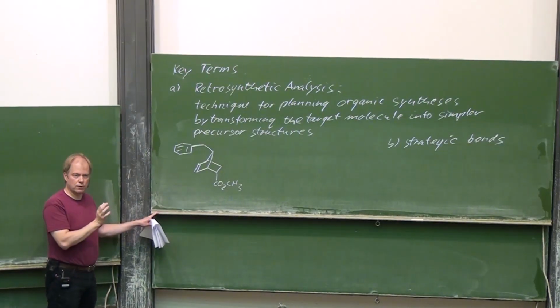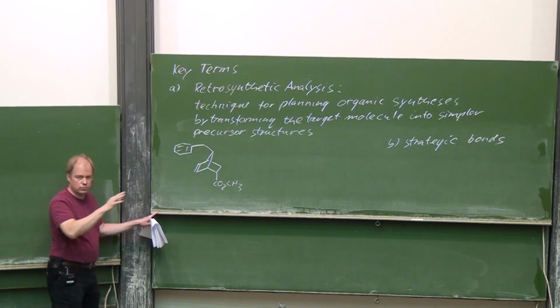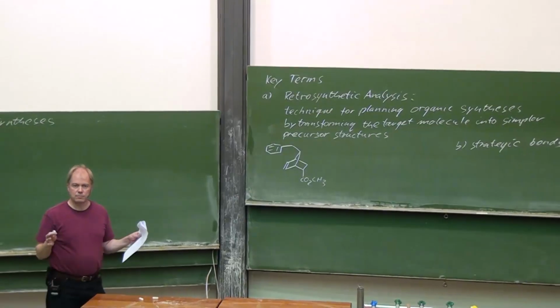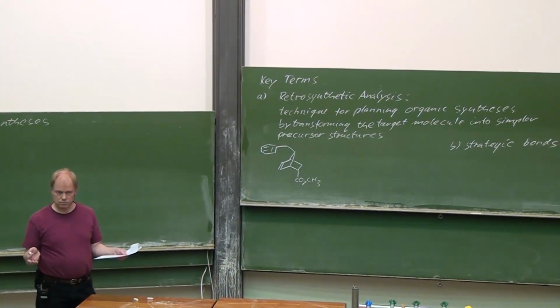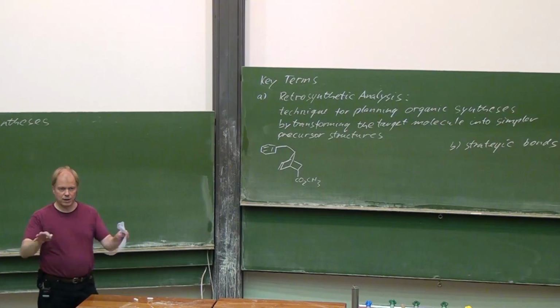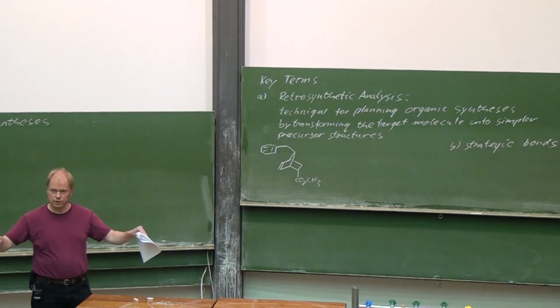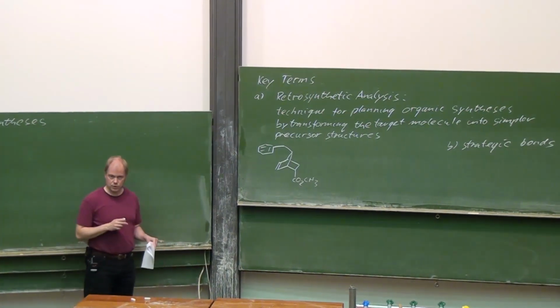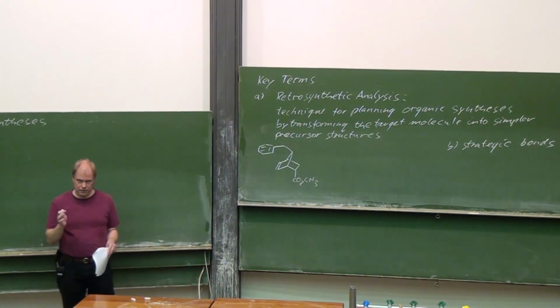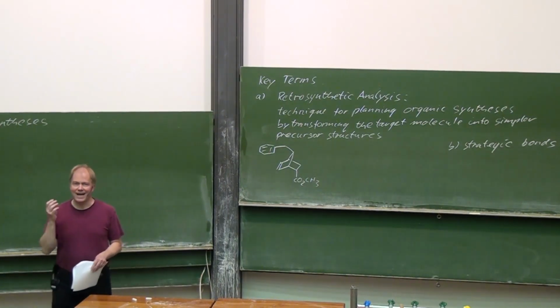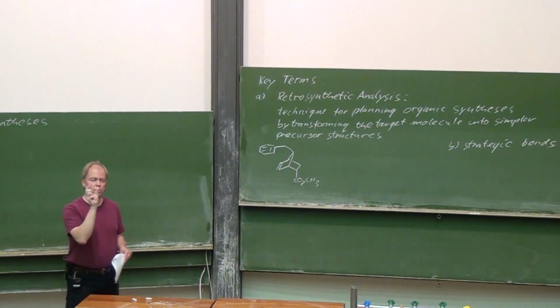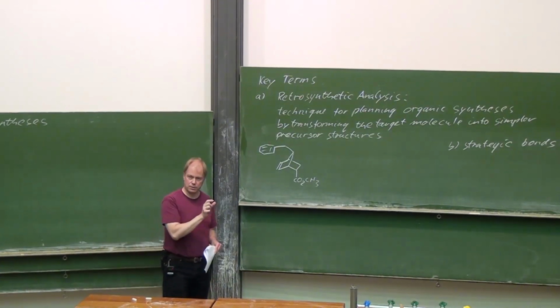If we break those bonds, just theoretically, then our molecule becomes simpler or falls apart into two partial structures, which are, of course, then both simpler than that target molecule. And secondly, most important, we have to know a method, a good method, how to form that bond.